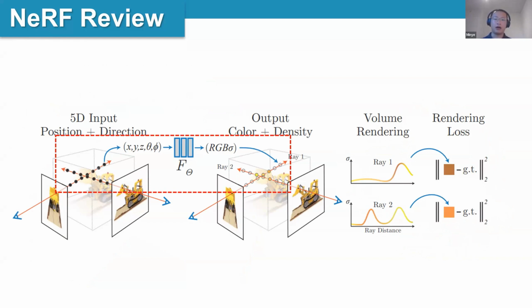It samples points along the rays and uses a multilayer perceptron to predict RGB color and density values for each sample point. Volume rendering is then applied to accumulate weighted color based on densities for that pixel. And the entire pipeline is differentiable, so it allows end-to-end supervision from captured images. So that's the cool thing about NeRF.